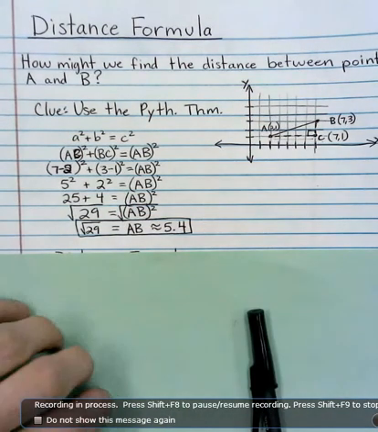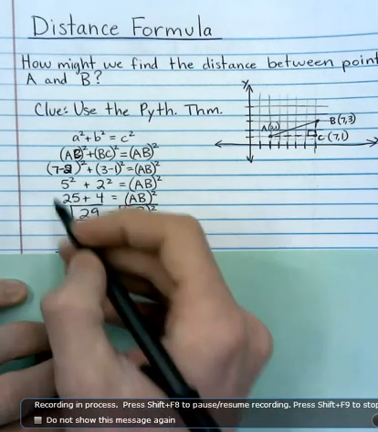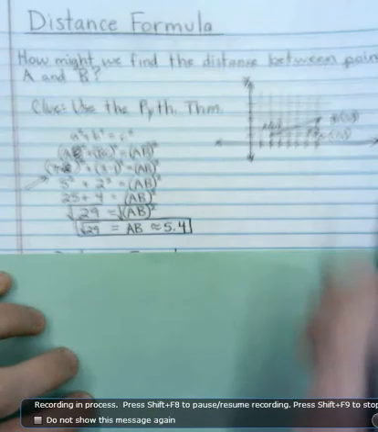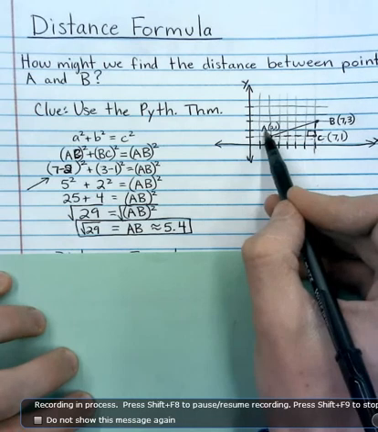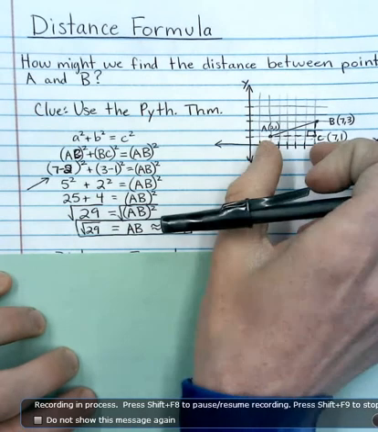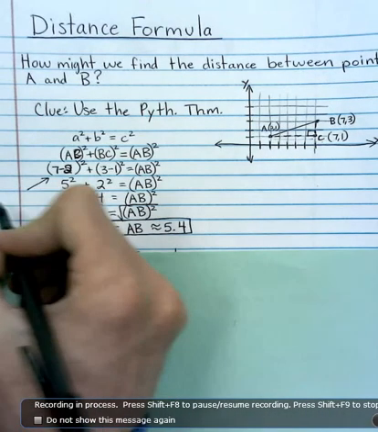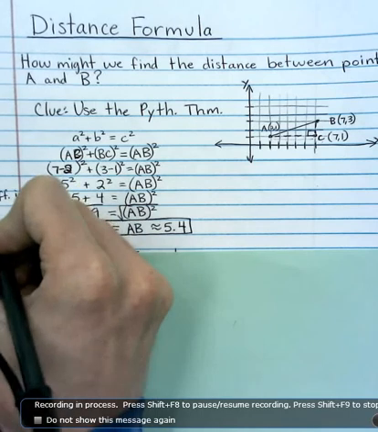Now, if you're confused as to what I just did there, take a minute to consider this. I said 7 minus 2. I took my x value from point C, and I subtracted my x value from point A. That found the distance of AC. So this is the difference in my x values.